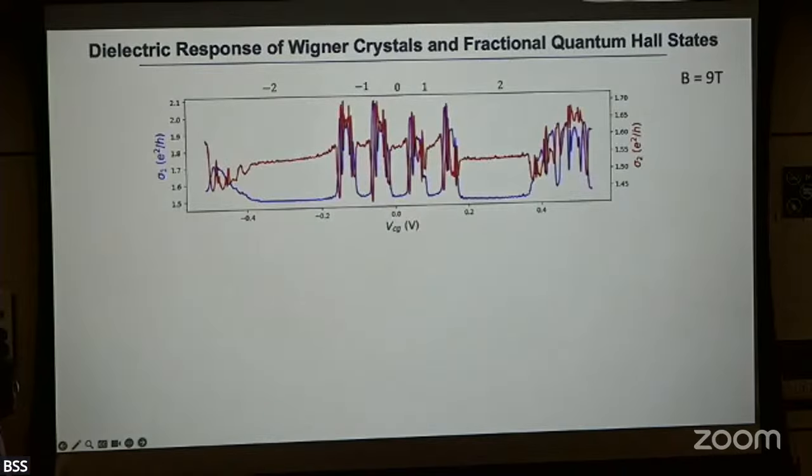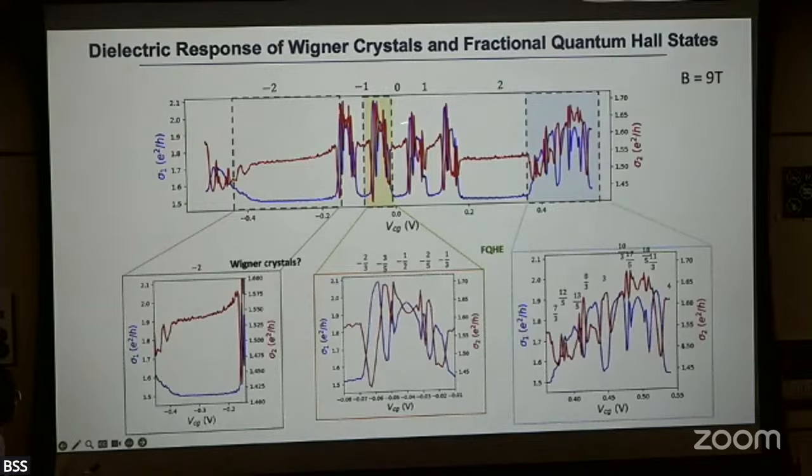Even further, if you go inside, in between the plateau regime, then of course you start to see fractions develop, and the sigma 2, the dielectric response, actually shows much richer behavior. I won't go into any detail of the analysis here, but you are simply seeing richer physical properties, which are basically to be interpreted.